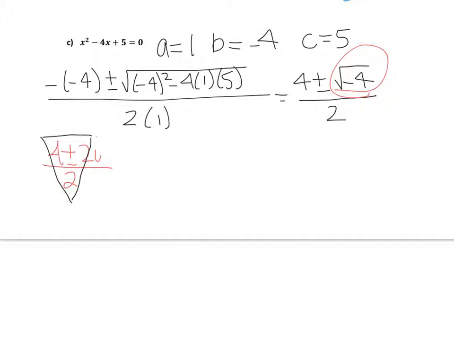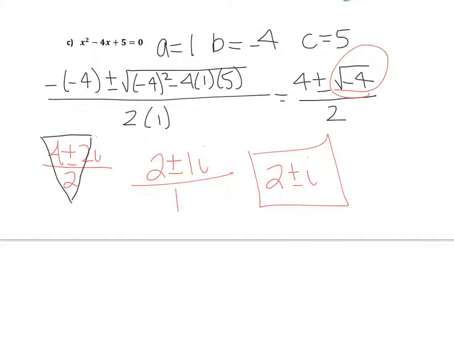So that's exactly what I'm going to do. And that's going to give me 2 plus or minus 1i over 1. Now, do you have to put the ones? You don't have to put the ones. So in this case, it's just going to simplify to 2 plus or minus i. And that's it. You've taken it as far as it'll go. And that takes care of complex numbers.